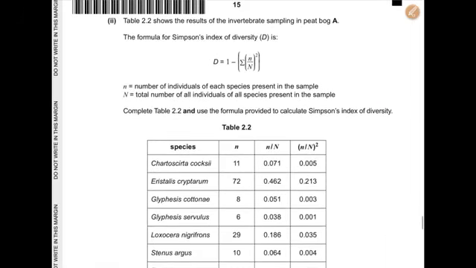Now, table 2.2, this table shows the results of the invertebrate sampling in Peat Bog A. Okay, so after sampling it, they use this formula to find the Simpson index of diversity. Which is D is 1 minus sum of n over capital N squared. Now, small letter n represents the number of individuals of each species present in the sample.